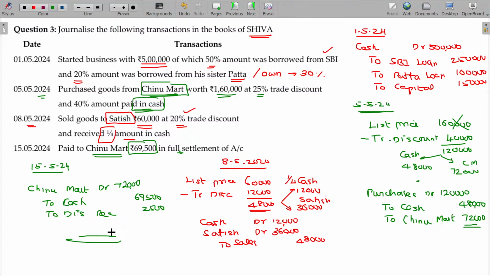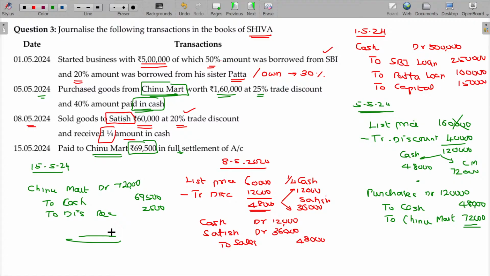Question number 4. The next question 4 is one of the comprehensive ones. I am going to pass the journal entry and prepare the ledger for that, and finally I will prepare the trial balance. Of course, you know that. Whatever it may be, I request you to understand how you can pass the journal entry, transfer that from journal entry to the ledger and summarize that as a trial balance. This is called the traditional approach.